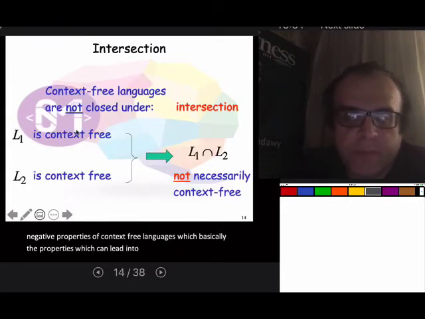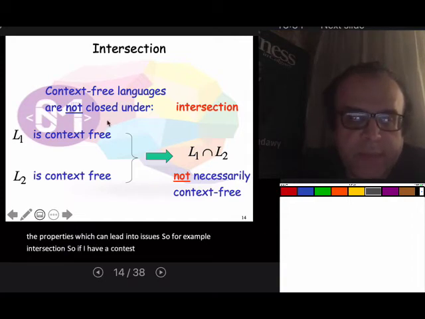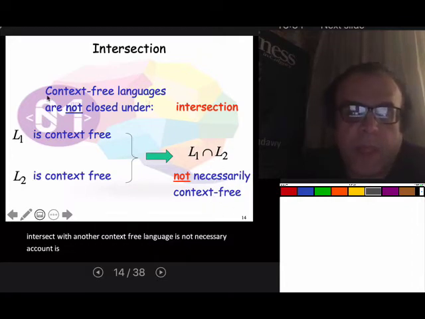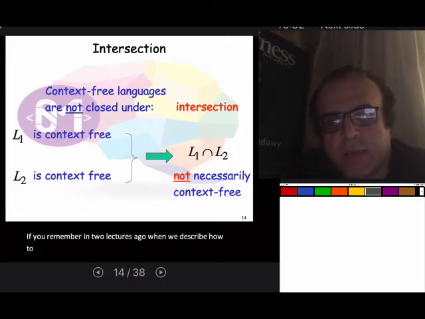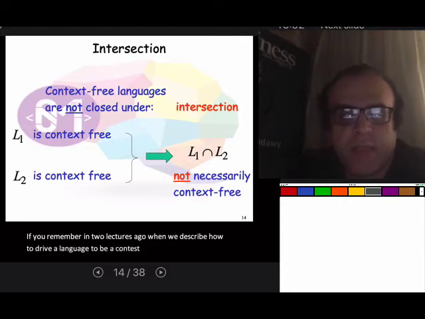So for example, intersection. If I have a context-free language which intersects with another context-free language, the result is not necessarily a context-free language. If you remember from two lectures ago, we described how to derive a context-free language and how to generate the right rules.